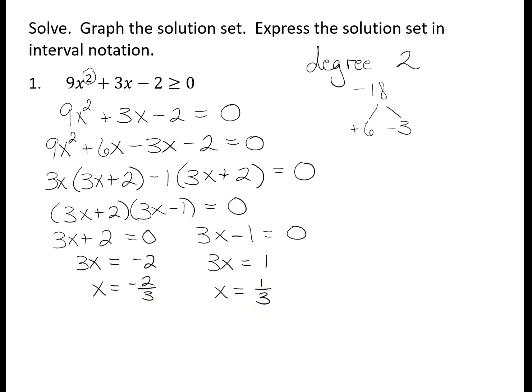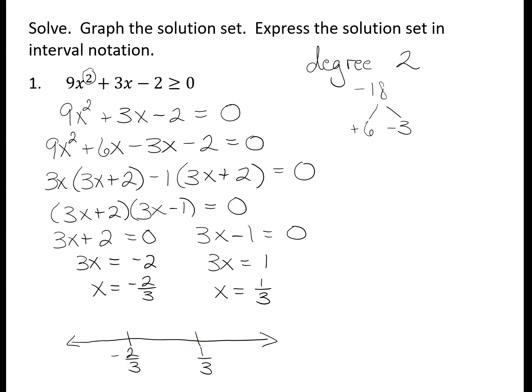Okay. Step 3. Place the solutions on a number line, dividing it into intervals. So I'm going to come down here below, draw a number line, and we're going to need 2 tick marks on there. We're going to need to put these least to greatest, so -2/3 should come first, and then 1/3.